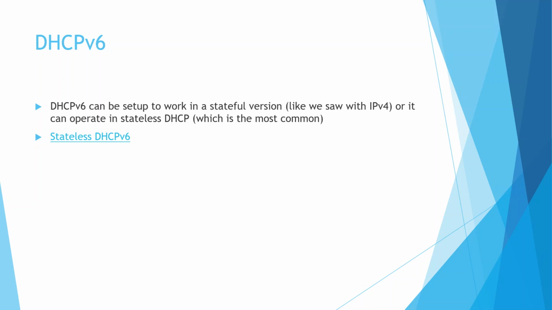And so you can always rely on a consistent configuration, but ultimately it's still not a full-blown implementation of stateful DHCP like we saw with IPv4. I would encourage you to take a look at the stateless DHCP v6 video that I've attached here. It gives a little deeper overview, but I just wanted to touch on it to make sure that DHCP v6 was talked about a little bit.